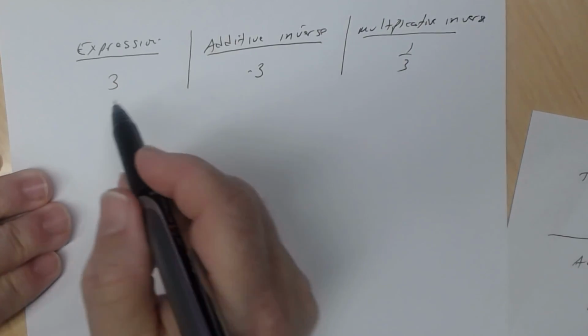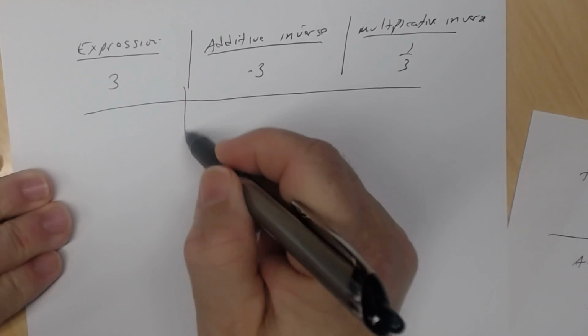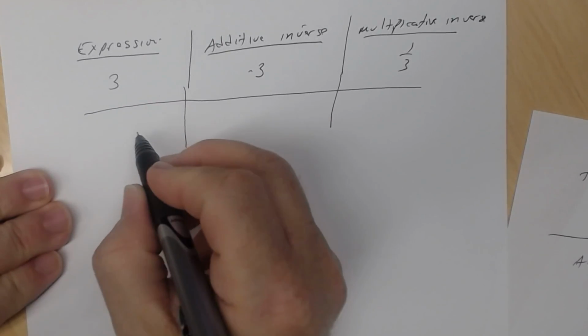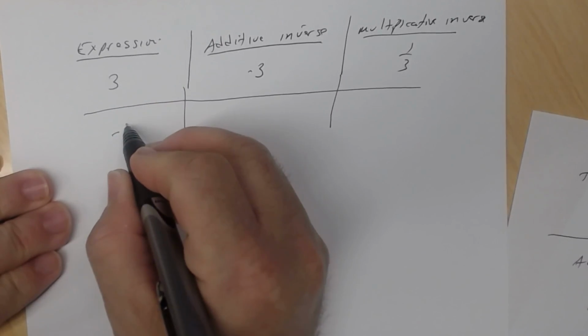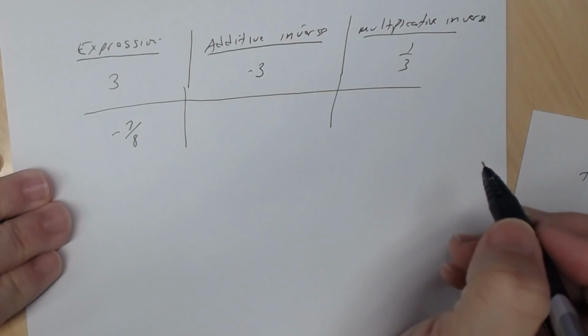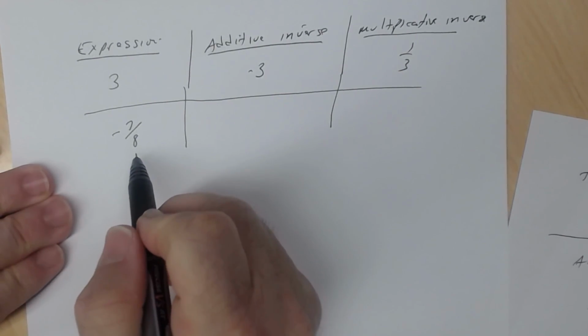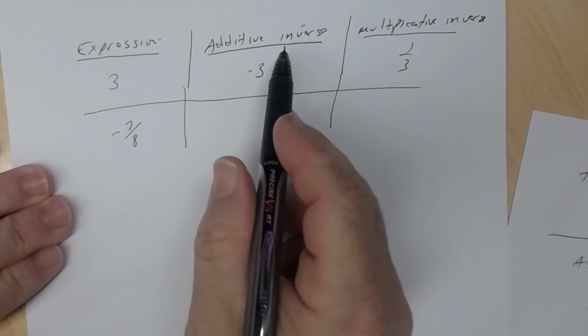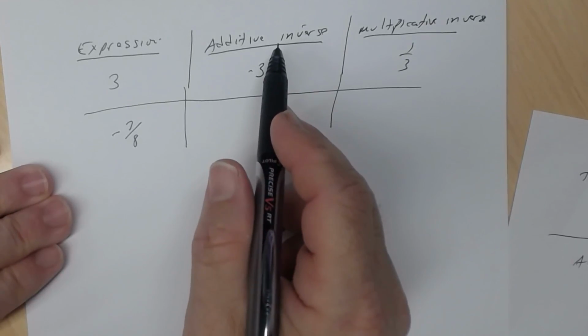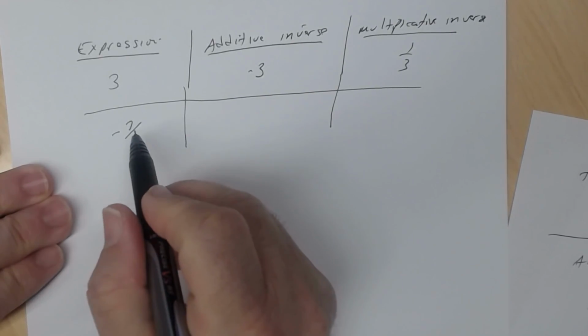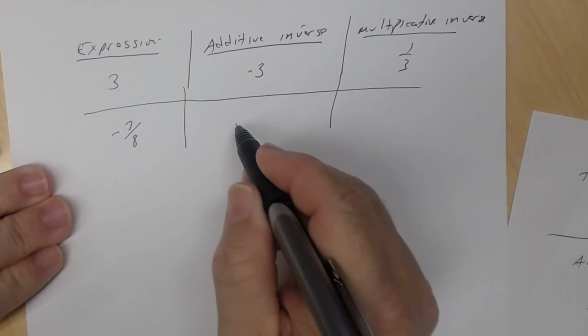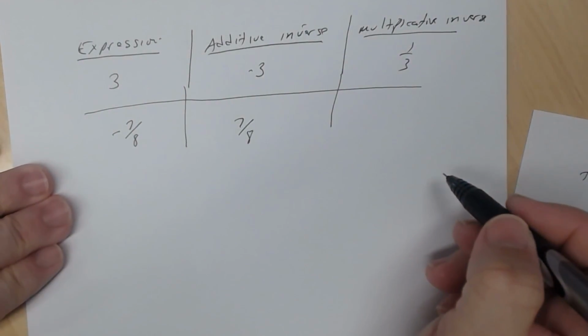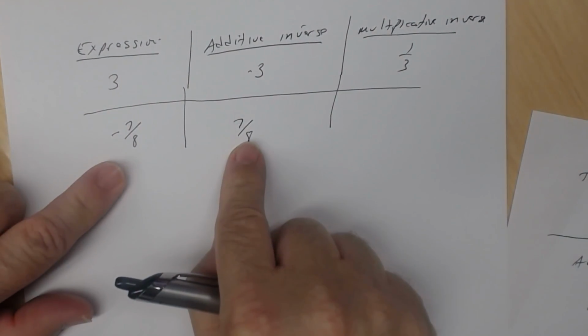Right, now what if you had, let's say, negative 7/8? So if my expression is negative 7/8, then the additive inverse, the opposite of negative 7/8, is a positive 7/8. So when I add them up, I get 0.